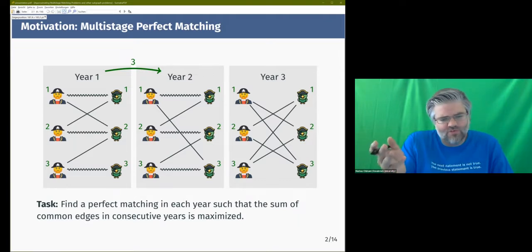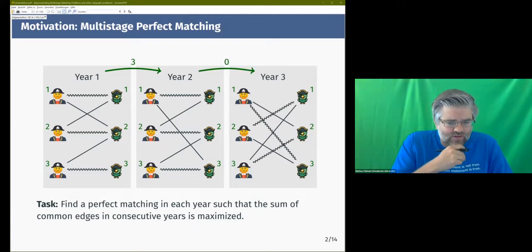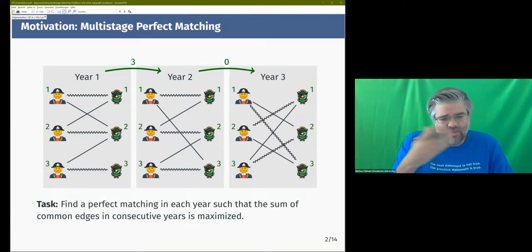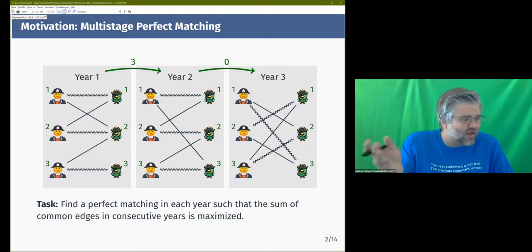But now if we go to year number 3, we can see that this matching is no longer feasible because every pirate has a falling out with his parrot, and we need to figure out a different perfect matching, but now we cannot carry over any edges. We could have done a better solution. For example, if we go to year 2, we can use the very same matching that was already established in year 3.